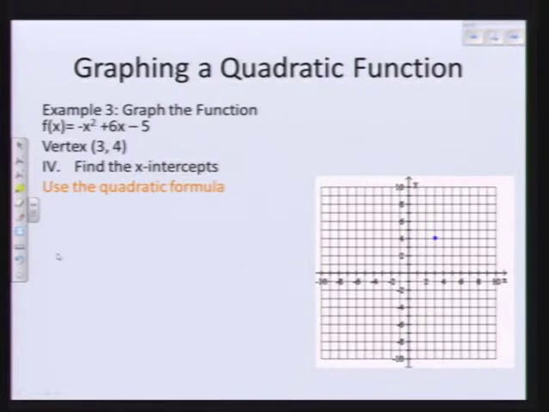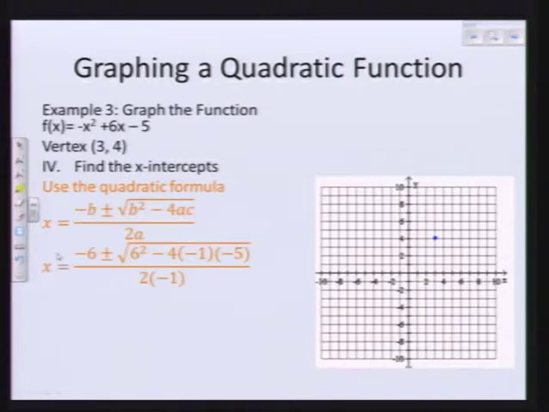In program 1, we reviewed the use of the quadratic formula and how to proceed. And so here we're going to remember that the quadratic formula is x equals minus b plus or minus the square root of b squared minus 4ac, divided by 2a. Now, before we go any further, we have to keep in mind something about using the quadratic formula and finding the x-intercepts.